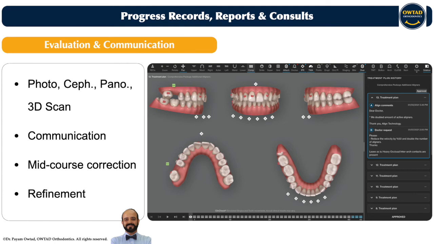So don't make the patient uncomfortable, take the scan, and just revise the treatment, like start fresh. You go from aligner 1 to 10, you see something is off, you didn't pay attention to something, or the patient didn't follow correctly, just pause, take a new scan, and do a mid-course correction. Most of the comprehensive cases, they come at no cost because you can get as many additional aligners as you want.